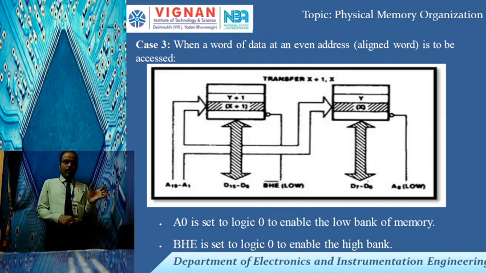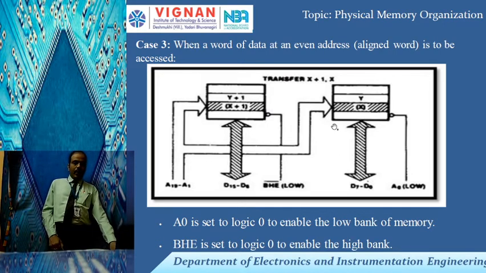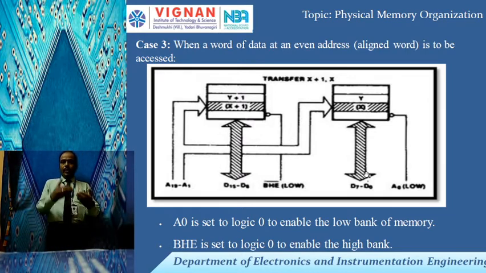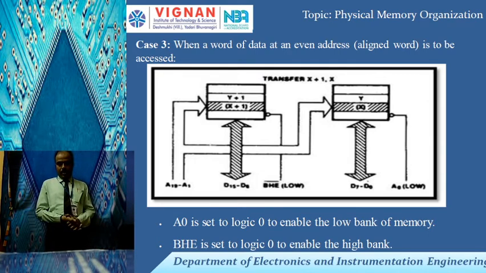By putting these signals, both locations can be accessed at a time, and using the lower data bus D0 to D7 the lower byte, and through D8 to D15 the higher byte, can be accessed.